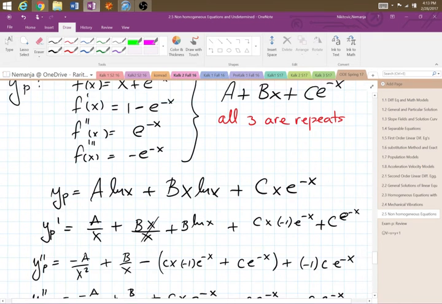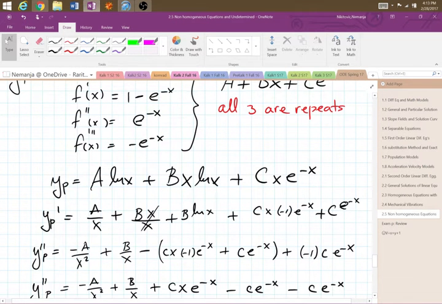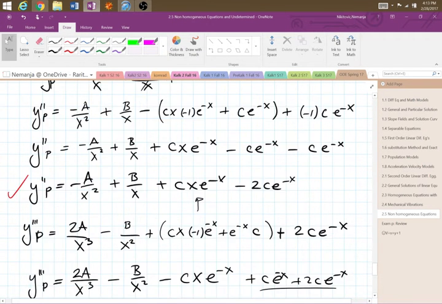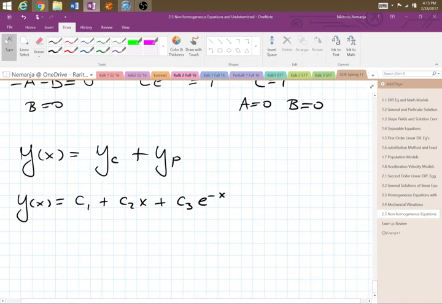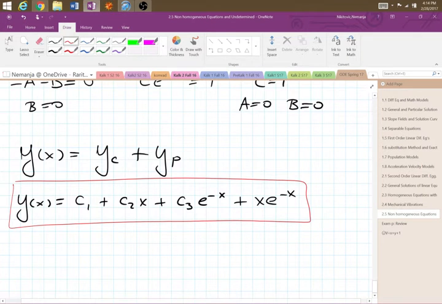And from the particular solution, only the last term survives, with coefficient 1, so plus x e to the minus x. Now we're almost done because we have three initial conditions, right? We have to plug into this, so we have to differentiate this twice. So I'm going to box this and say general solution.